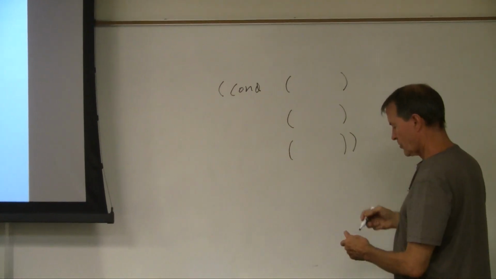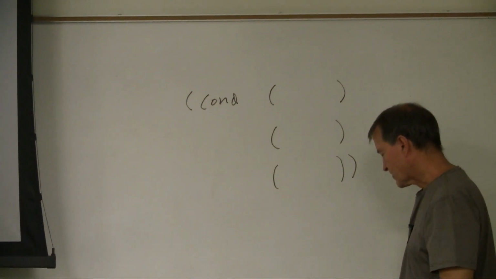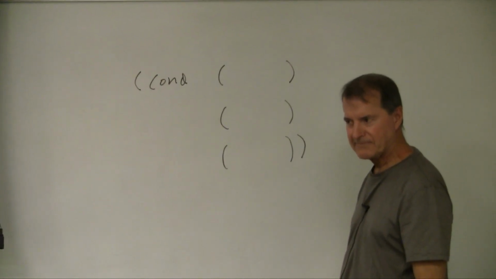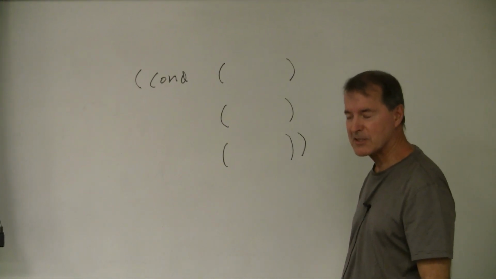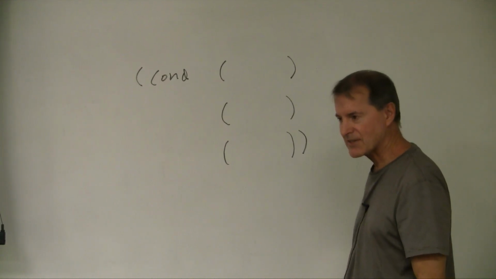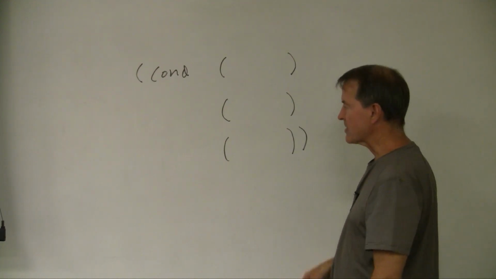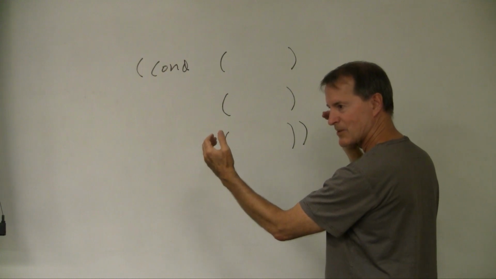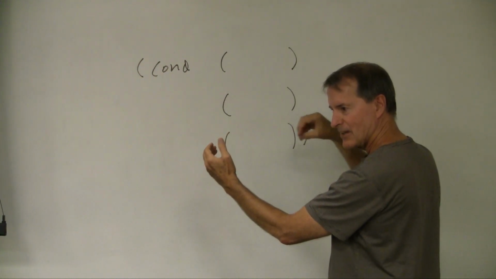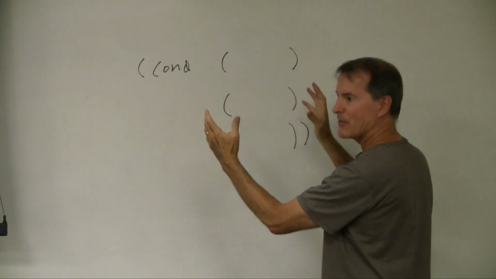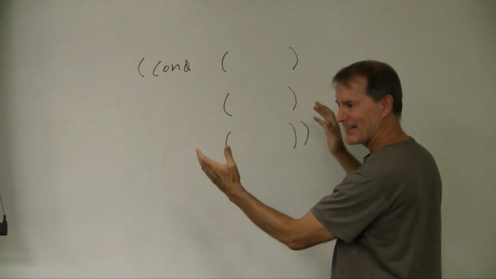So now, Scheme is a dialect of what language? Lisp. And what does Lisp stand for? List processing, right? And what is a list? A list is a pair of parentheses with elements in the list. That's why we have all these parentheses all over the place, because everything we're dealing with is a list, right?